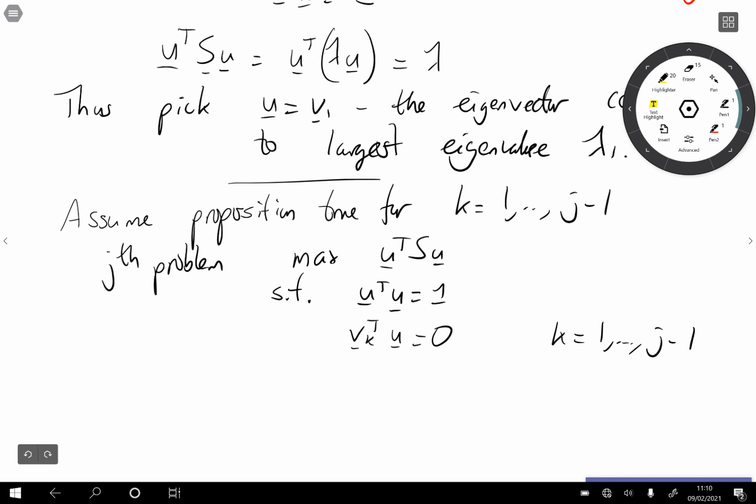So we need to pick the direction u that maximizes the variance, conditional upon the vector being of length 1 and the direction being orthogonal to the previous directions that we've already found.